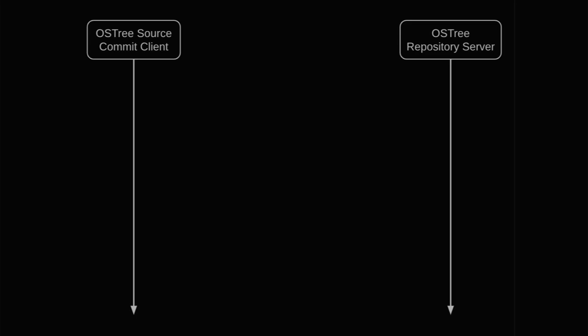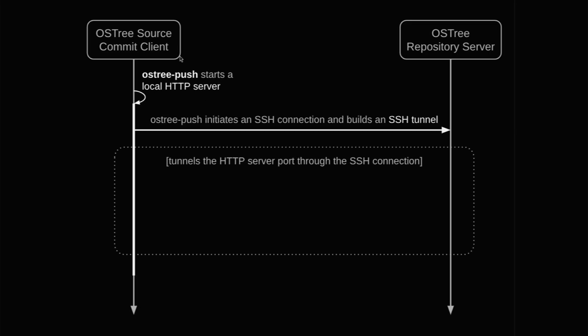Here's the sequence diagram. We have the OSTree source commit client and the OSTree repository server. The client runs the OSTree push to push the OSTree commit, but it starts a local HTTP server first on the client. Then OSTree push initiates an SSH connection and builds an SSH tunnel between the OSTree source commit client and the OSTree repository server.